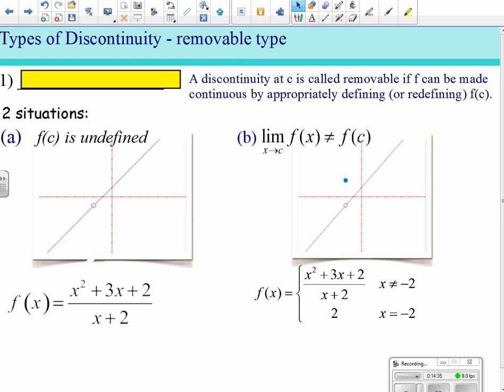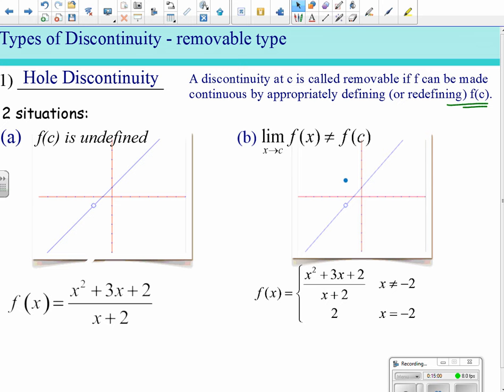Now, a removable discontinuity is defined as a discontinuity at c that can be made continuous if I find the appropriate value for f of c. So like if I could fill in the little gap or the little point, then it's called removable, like I could remove that discontinuity.